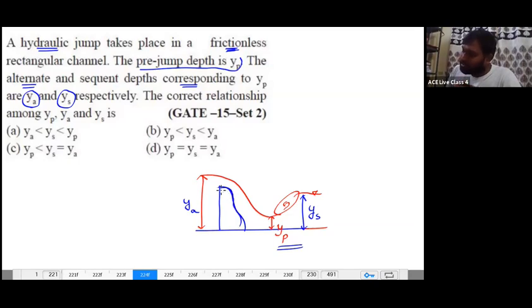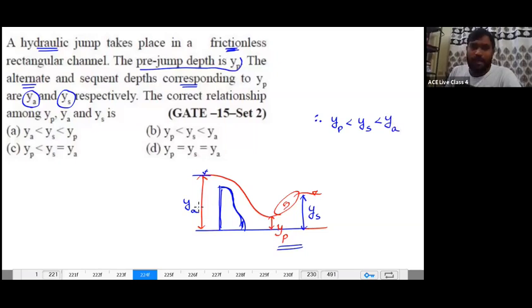So when I mention frictionless, then you see here the water level: YA and YP are both the same, meaning YA and YP are the alternate depths. Once I know the alternate depths, what is the relation between them? The relation is YP is less than YS is less than YA.